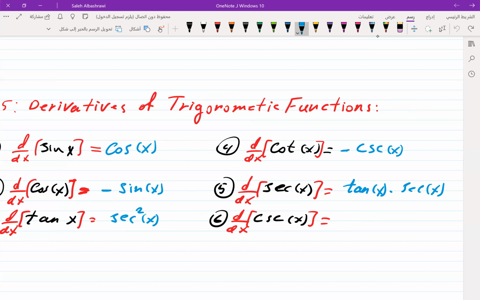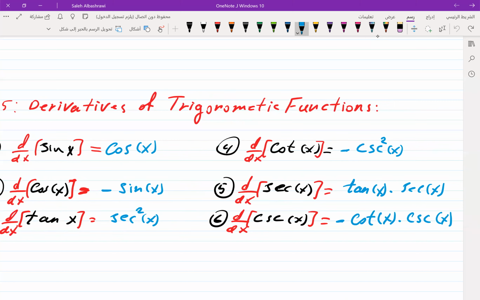And derivative of cosecant is equal to minus cotangent multiplied by cosecant of x.